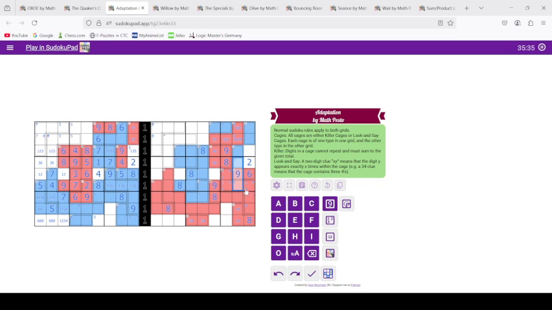A 3 and a 5. So this is 3, 5, and 9. This adds up to 11. 7, 4, or 5, 6. Can't be 7, 4, it has to be 5, 6. That's not a 5, therefore it has to be 3, 9. There is a 5 up here with the 1, 4, and 7.